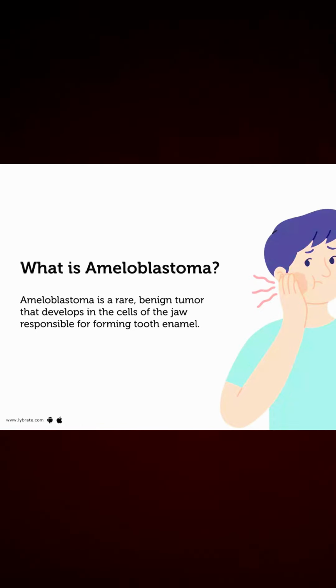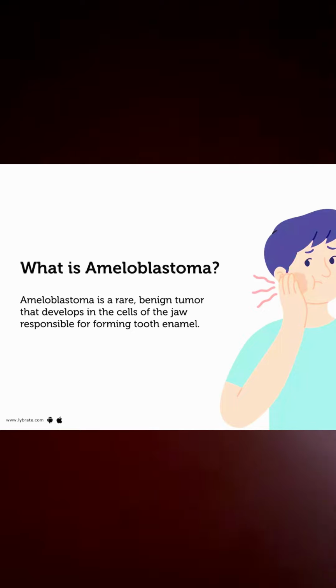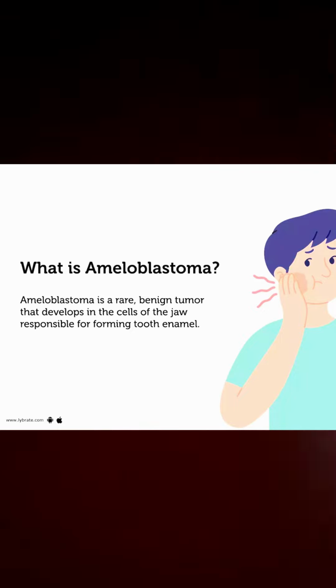Histological features: there are 6 histological subtypes of ameloblastoma, that is follicular, plexiform, acanthomatous, granular cell, basal cell, and desmoplastic. The follicular type of ameloblastoma has the highest rate of recurrence.